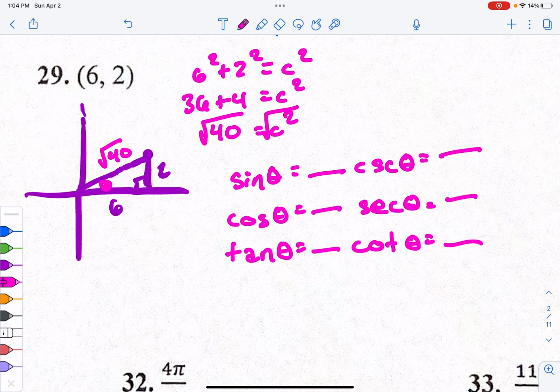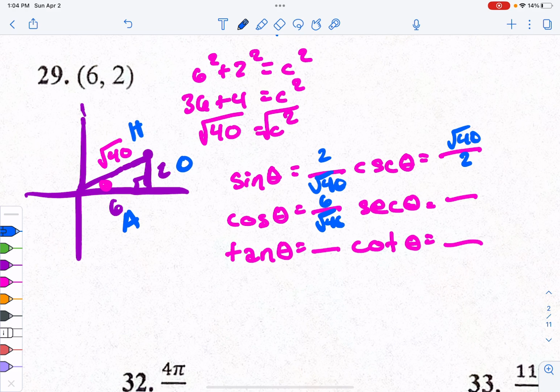Okay. When we do our opposite, adjacent, hypotenuse, that's how we'll label those sides. So sine will be opposite over hypotenuse, 2 over the square root of 40, or the square root of 40 over 2. And we'll leave them like that. Cosine is 6 over the square root of 40, or the square root of 40 over 6.